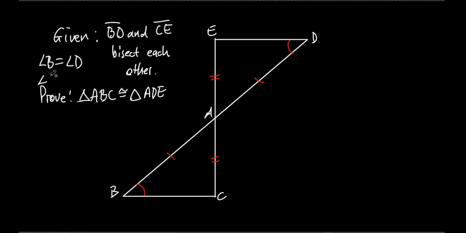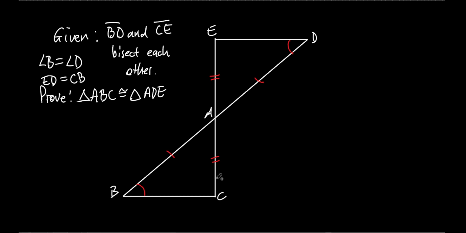Unless I'm missing something. So, ED, side ED, sorry, not angle. So ED is equal to CB. All right, so they tell you that as well. They tell you a bunch of stuff. They don't tell you everything, but they tell you a lot of stuff, right?